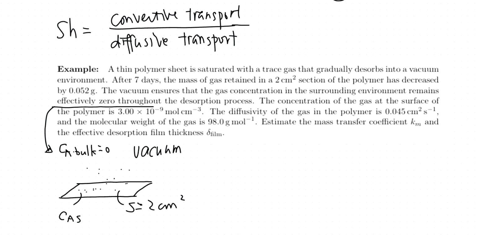And what you will figure out is this equation. Well, we already discussed this equation. It's not that you created this equation, but you figure out that this is the equation we are going to use. So you have k_m multiplied by S multiplied by C_AS. Originally, you have C_AS minus C_A bulk. Since C_A bulk is 0, you just have C_AS. And then multiply by the molecular weight.